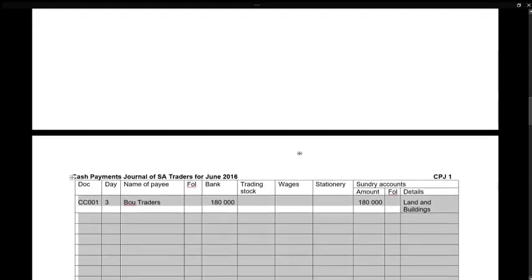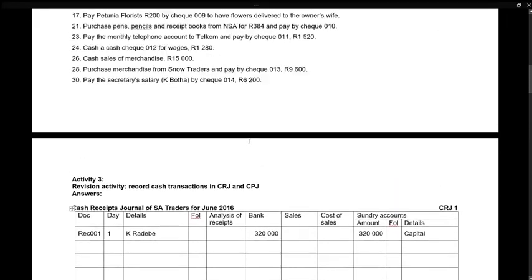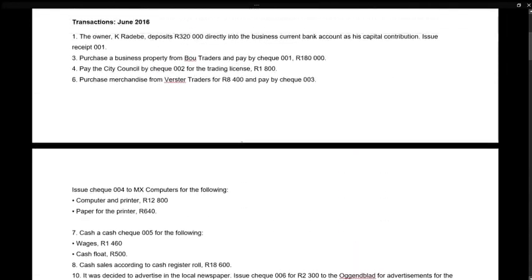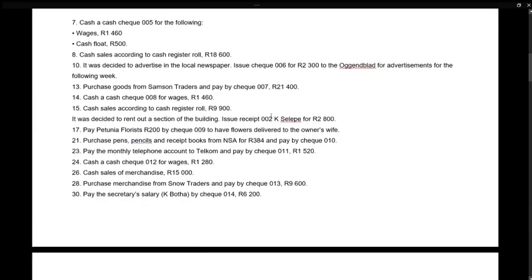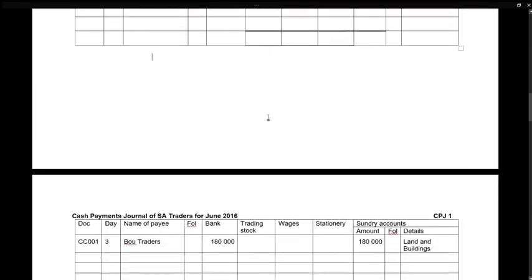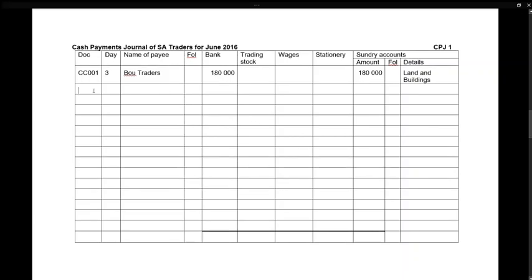Right, next transaction took place on the 4th. Paid the City Council by cheque 002 for the trading license, 1,800 Rand. Okay, cash payments journal, we are paying money. They did tell us it's cheque counterfoil 002. It took place on the 4th.